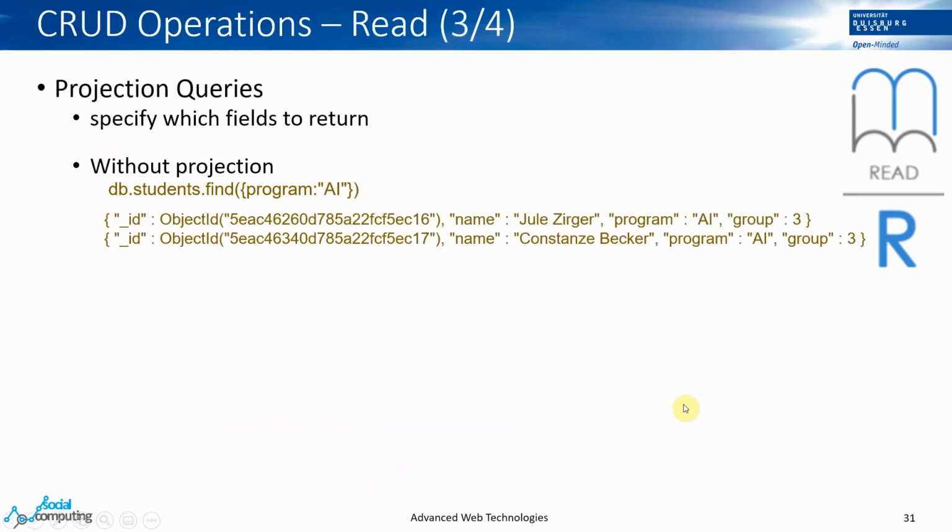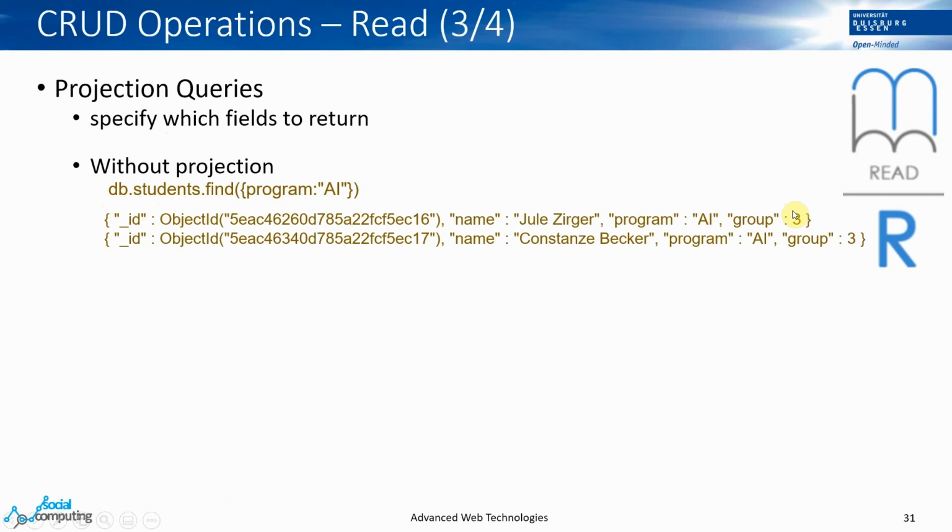Okay, so these are the different operators that you can use in the read query. But as you will see, when you run the query, let's say db.student.find program AI, you see this data. But it is not always the case that you want all the data to be returned.